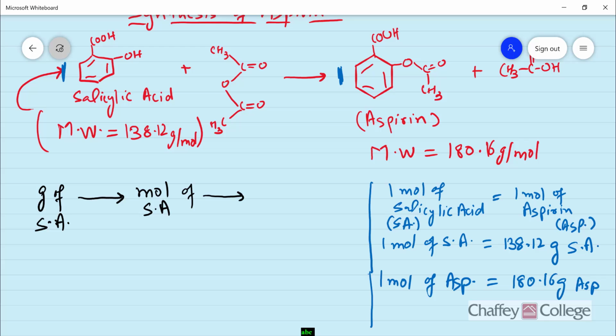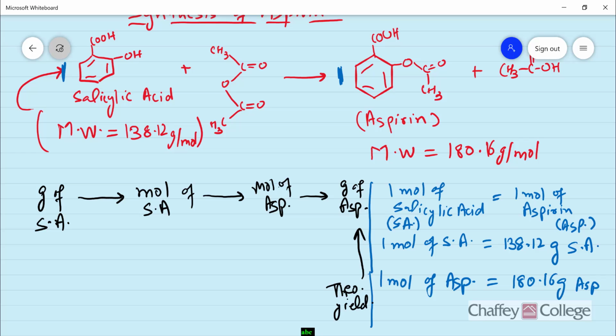Then from moles of salicylic acid we go to moles of aspirin, and then moles of aspirin to grams of aspirin, and whatever we get here is the theoretical yield.